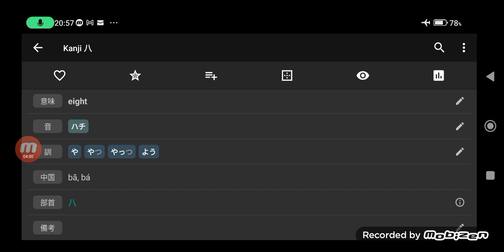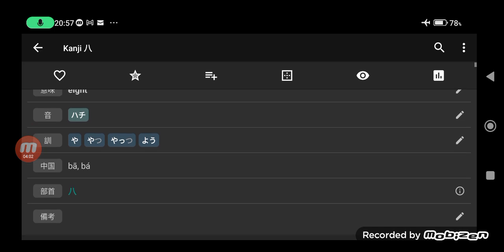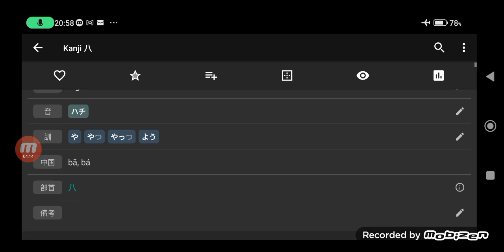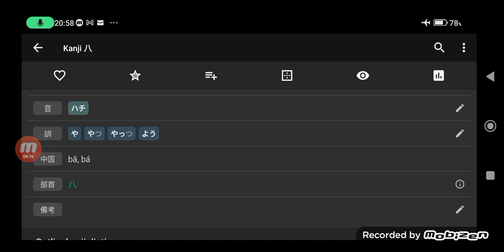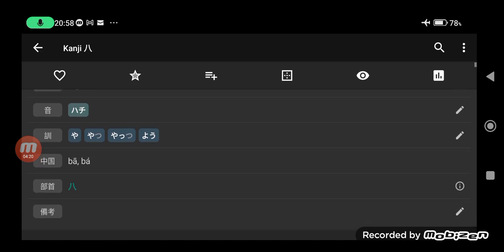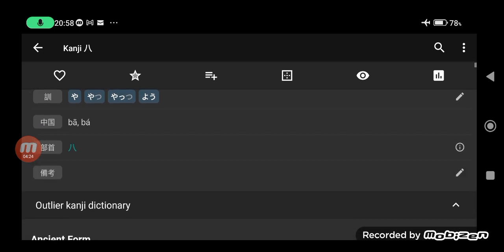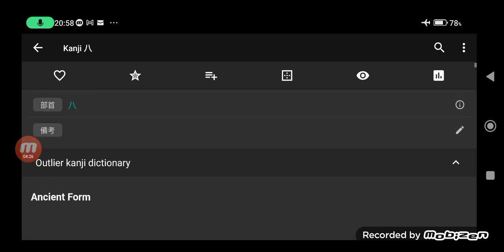So again, we have 4 kunyomi readings for the 8, or hachi: ya, yatsu, yattsu, and yo. The ba there is the Chinese reading, or pinyin.